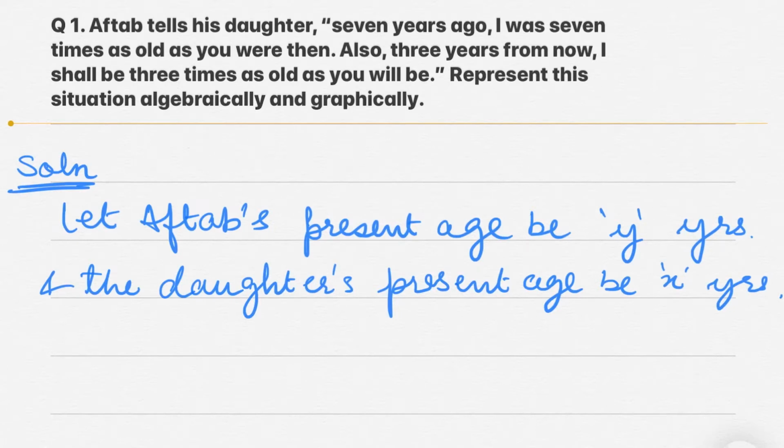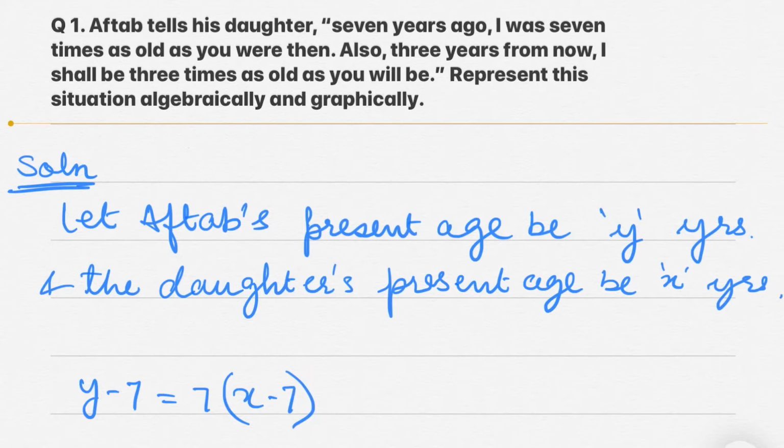So two situations. 7 years ago, Aftab's age would have been y minus 7 and daughter's age would have been x minus 7. Therefore, he was 7 times as old as his daughter 7 years back.